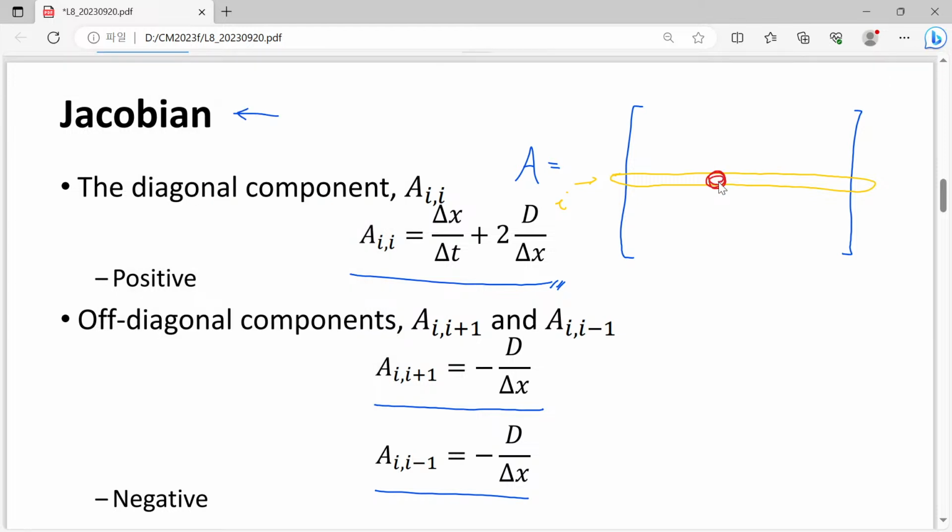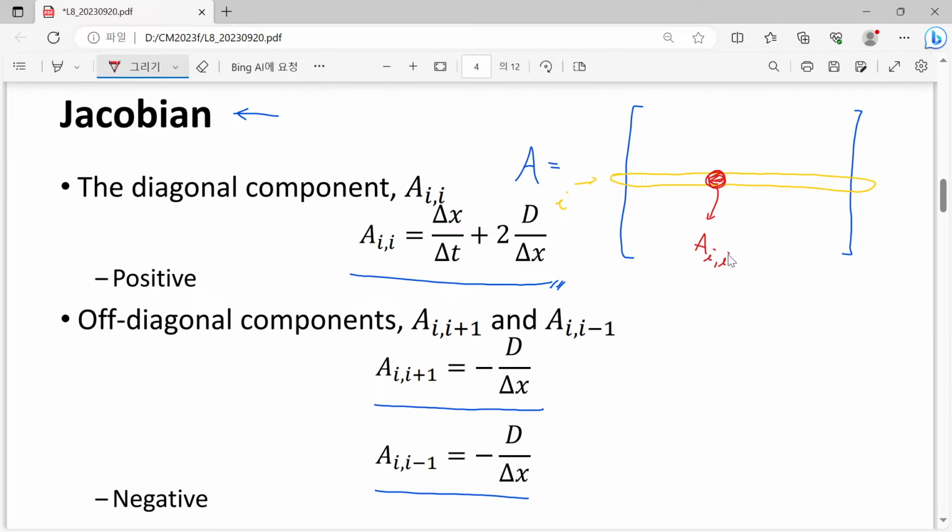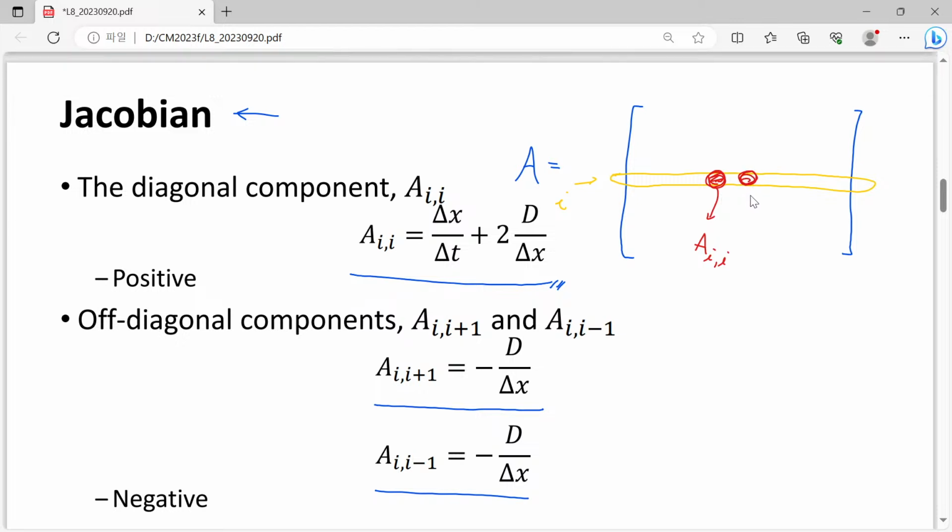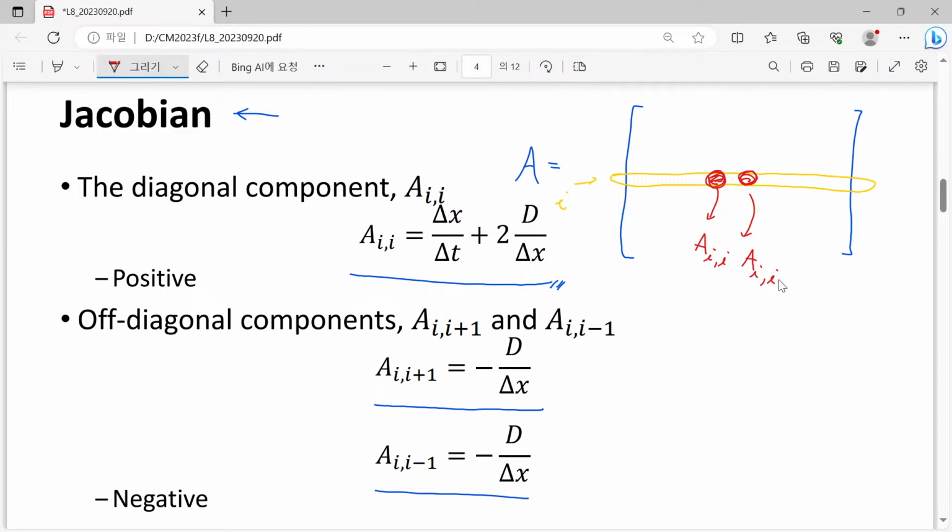So here you have a I comma I, which is diagonal, and you have here another non-vanishing value I comma I plus 1, and also you have another non-vanishing value I comma I minus 1.